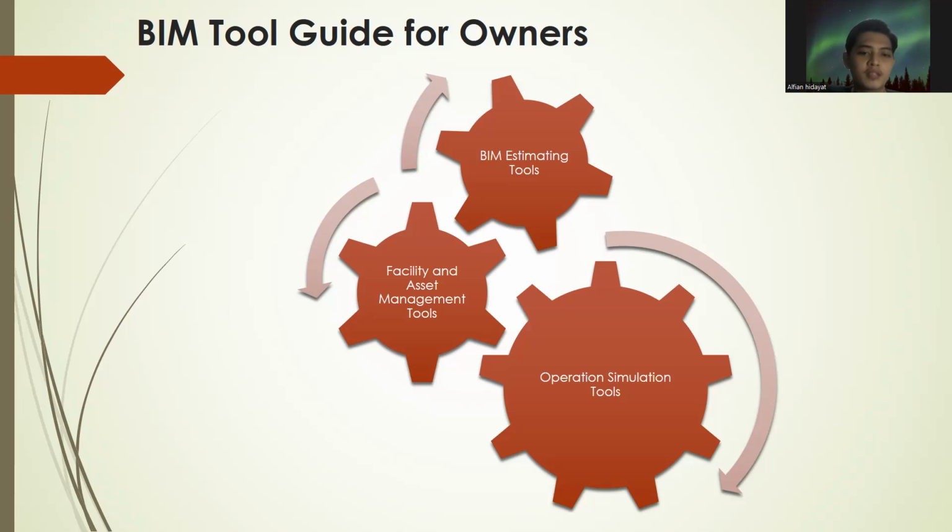So BIM can support facility and asset management. The next one is the operation simulation tool. The 3D model can be used for operation simulation, such as clash detection, etc.